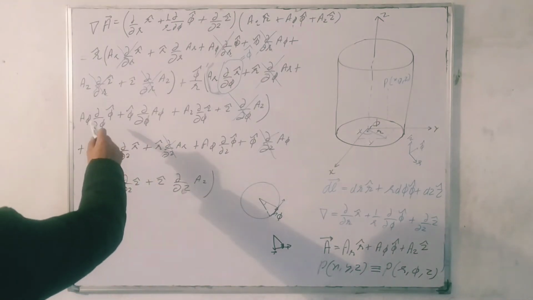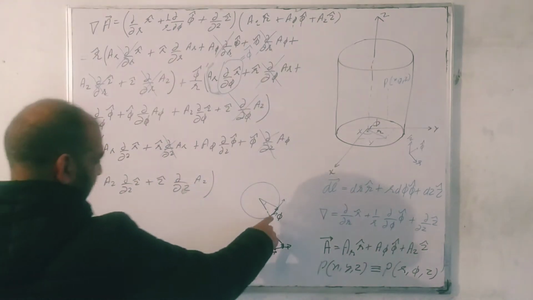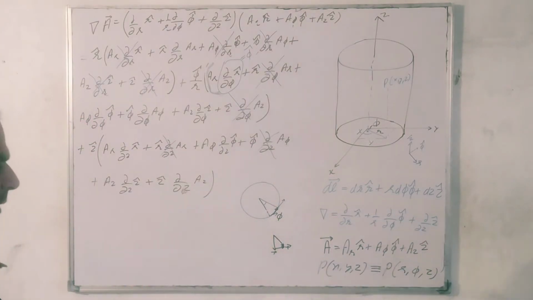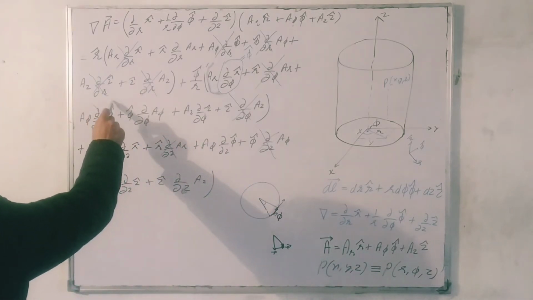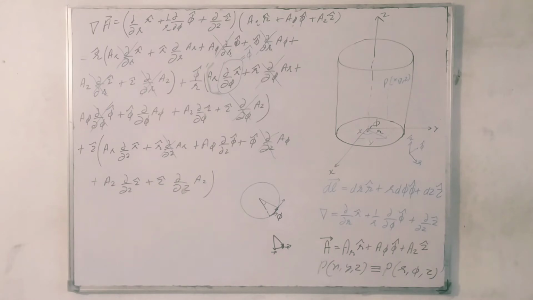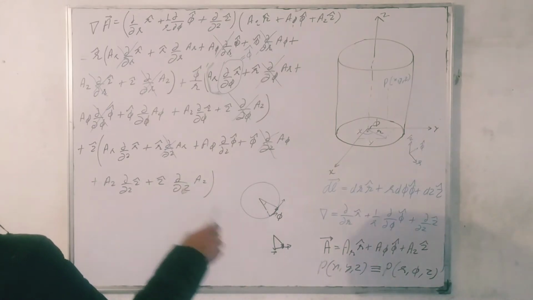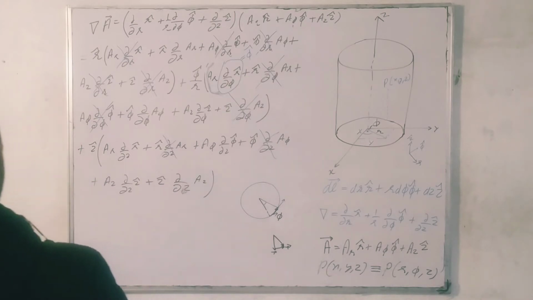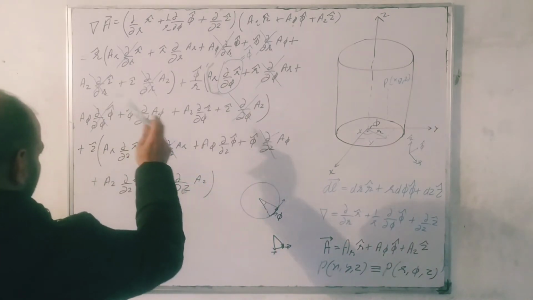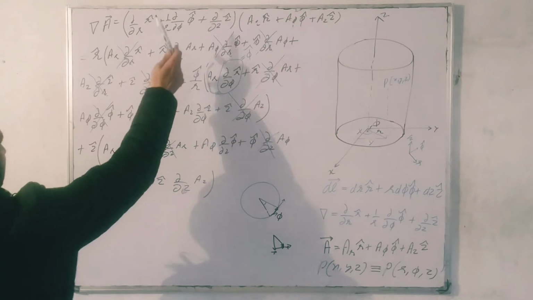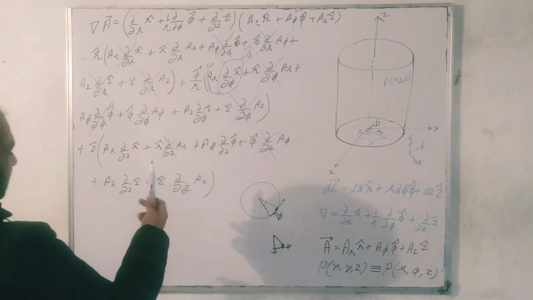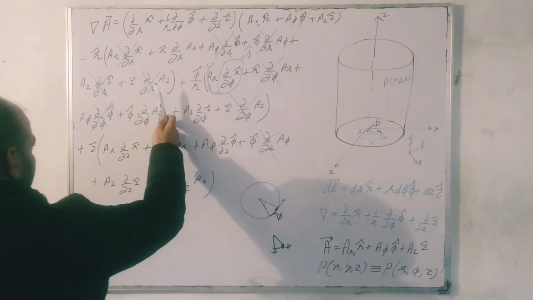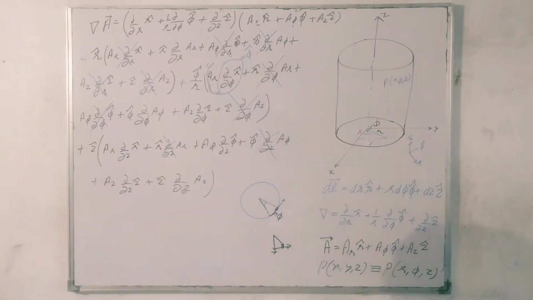There is no change in phi cap, meaning the unit vector in the direction of phi is not going to change. That's why this particular component is also going to be 0, because phi is in a circular path. Now next, this term will survive. I will explain why: this term and this term survive because one contains the radial part of the vector, and the other will contain the angular part of the vector.